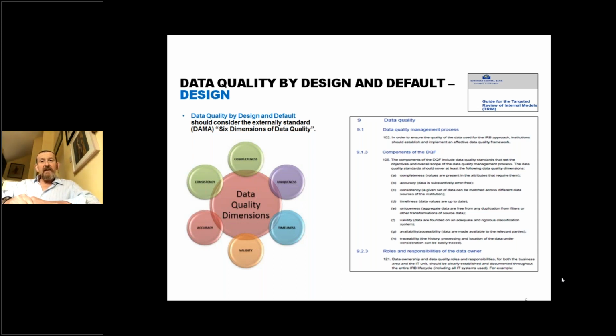Do you mean that data is missing? Is data inaccurate? Is data inconsistent? Is data unique or non-unique when it should be unique or non-unique? Is it random enough? All those sorts of examples, characteristics of data quality, break down the word into 6 different dimensions.